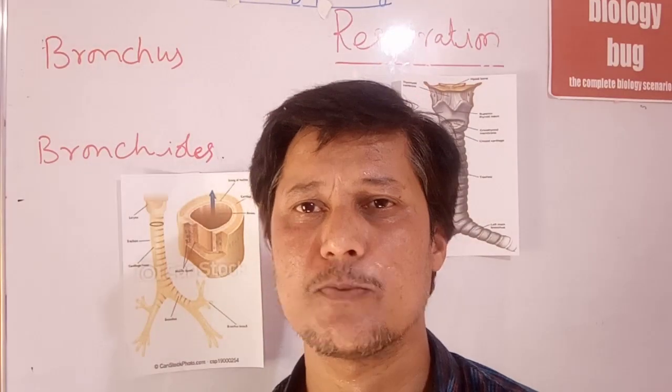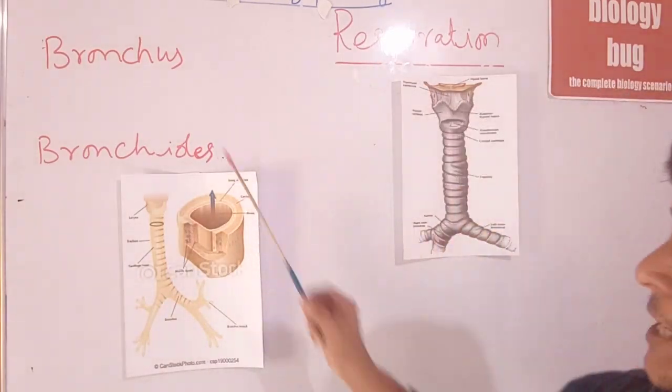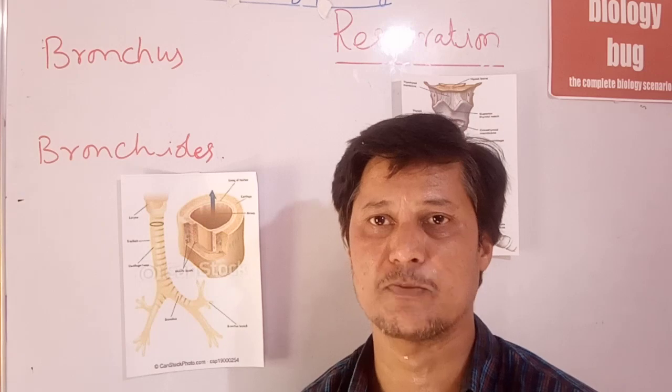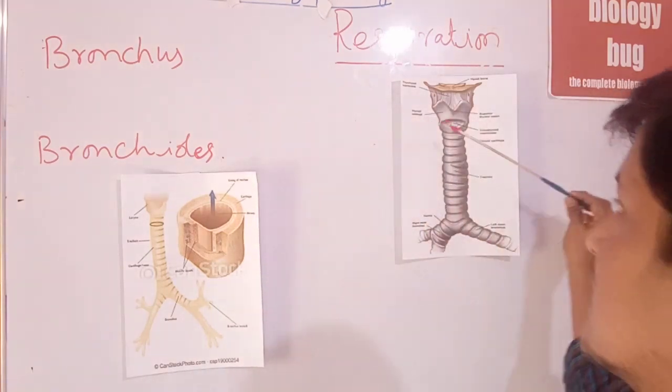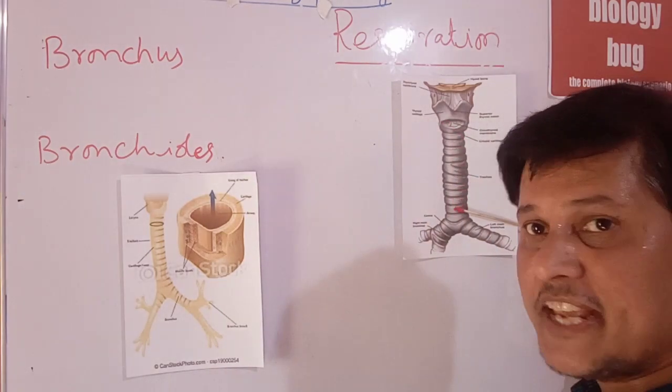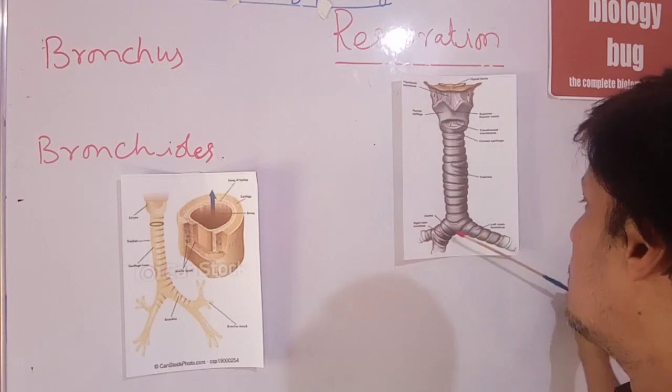So the next respiratory part is the bronchus. The trachea divides into two branches.